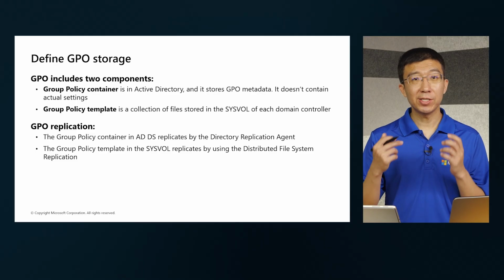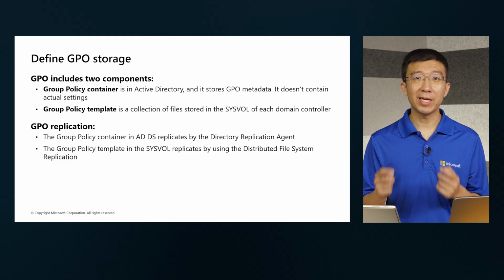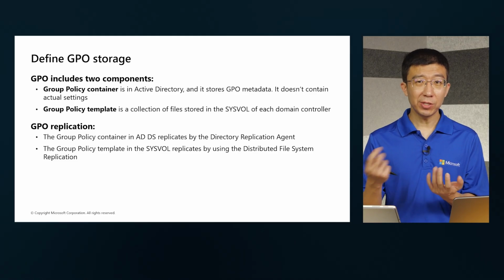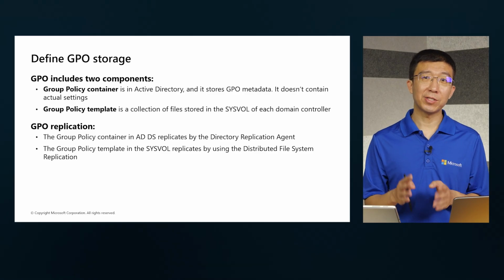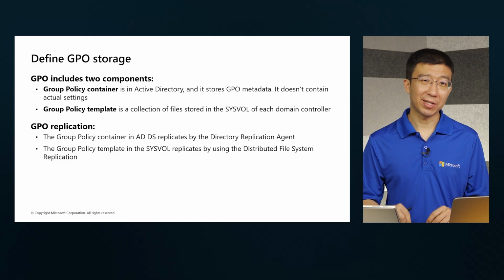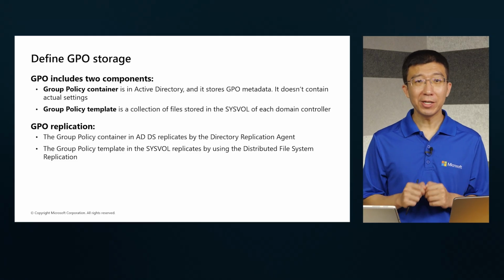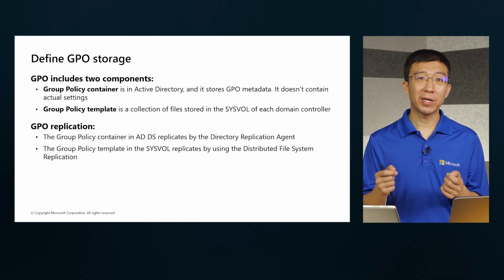GPOs consist of two components: the Group Policy Container in ADDS, which stores metadata, and the Group Policy Template in SYSVOL, which stores actual settings. Replication ensures consistency across domain controllers.